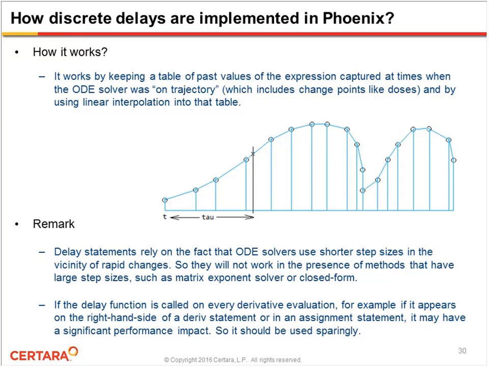We're looking into the past here, so t, the current time, is on the left, and tau is some positive number that extends into the past. For a simple discrete delay, we just do an interpolation on the past data in order to get the value. Does that answer that question?